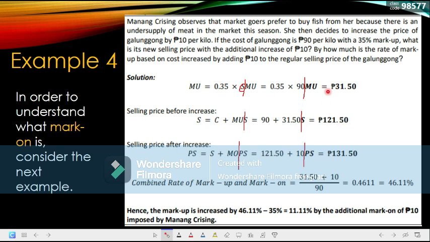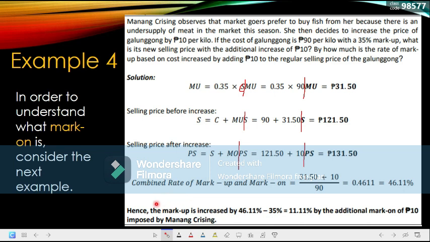Now this time, since we are asked by how much the rate of markup based on cost increased by adding 10 to the regular selling price of the galunggong, we'll have a combined rate of markup and mark-on. So the combined rate would be the markup, 31.50 or 31 pesos and 50 centavos, plus the mark-on which is 10 pesos, all over 90, then times 100. So it gives us 0.4611 or 46.11%.